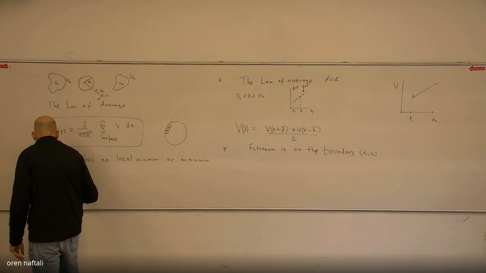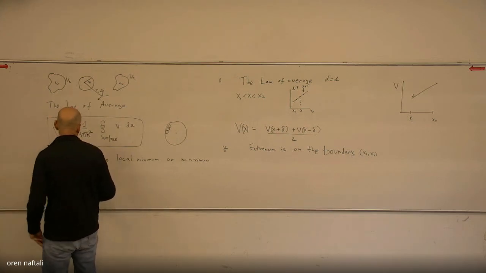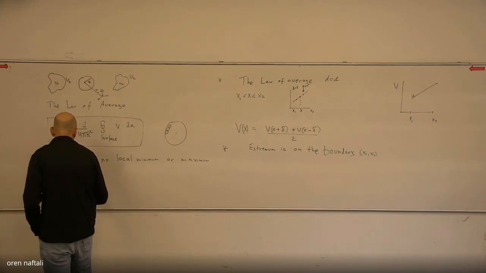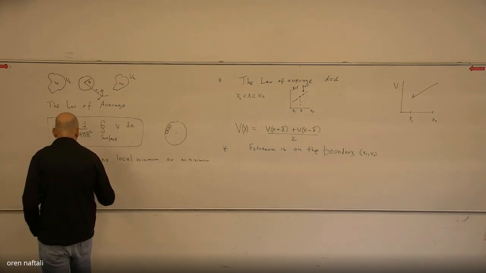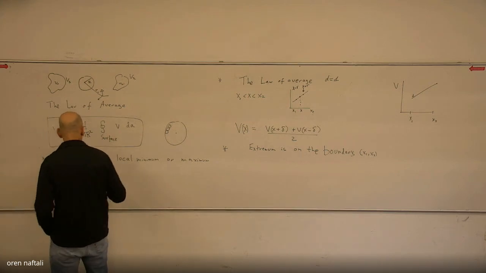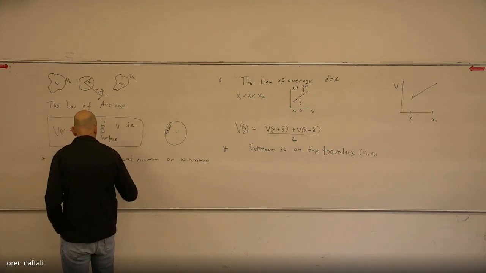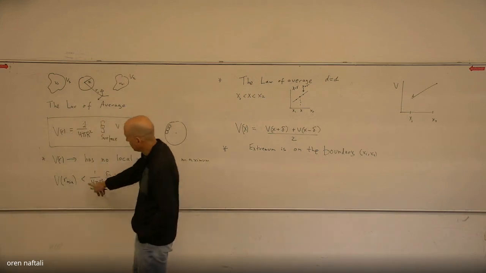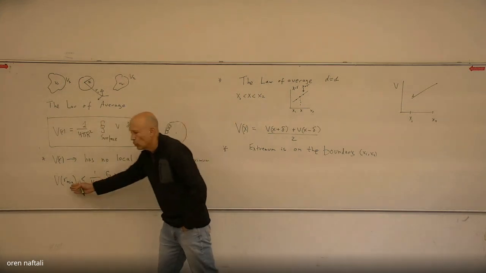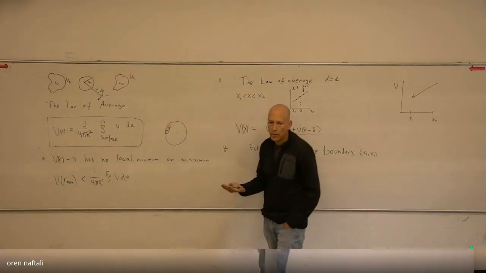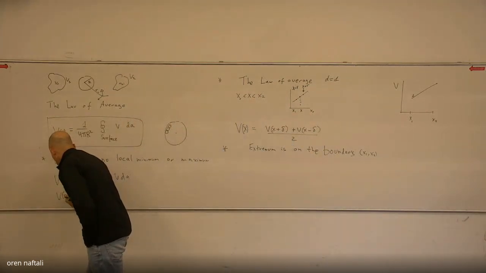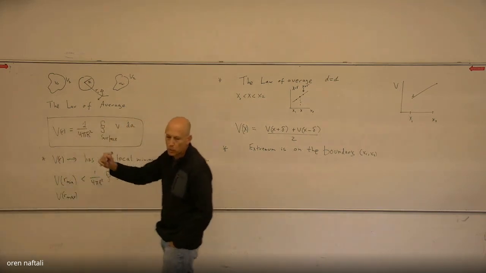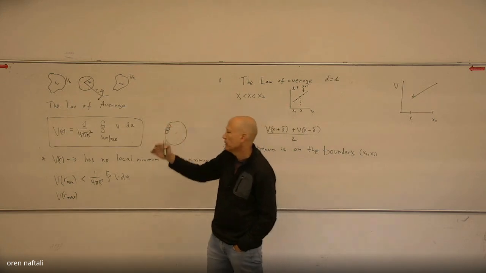So V of r at the point where you have a minimum is always smaller than the average, because all the potentials on the sphere are bigger, V dA, and if it's an inequality, it cannot be equal, and that means that there is no potential minimum. And the same with the maximum, because the V maximum has to be larger. So our max is some point in space where we assume the potential is a maximum.